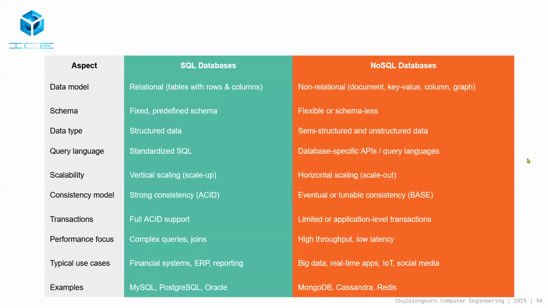Now, I have this table here that compares SQL databases and NoSQL databases. When I say SQL databases, the base of the model is always the relational model, all right? And we saw from last week that the relational model is still among the top popular databases in the world today.